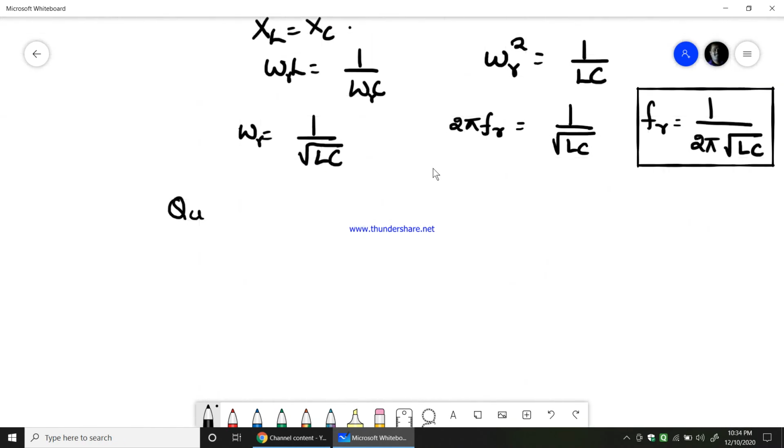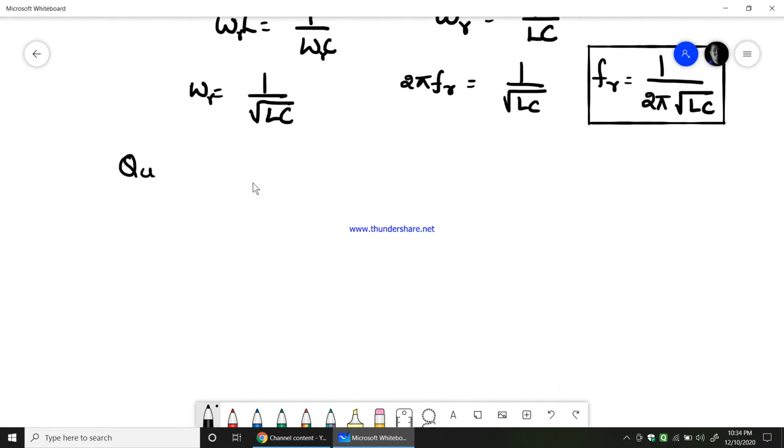So we will denote the quality factor normally as Q, which is the symbol that we normally use for quality factor.